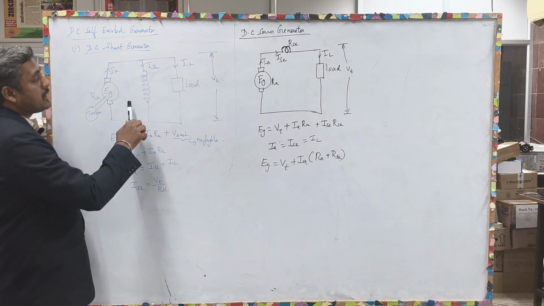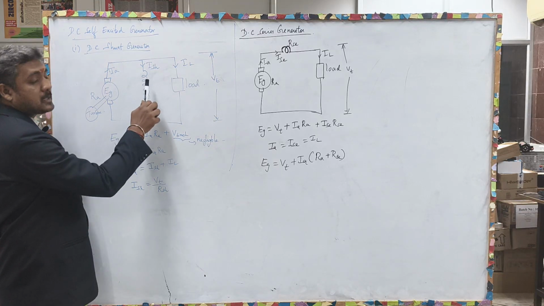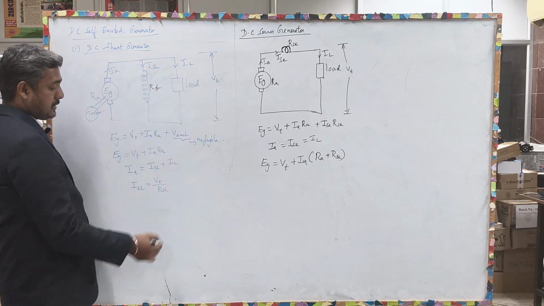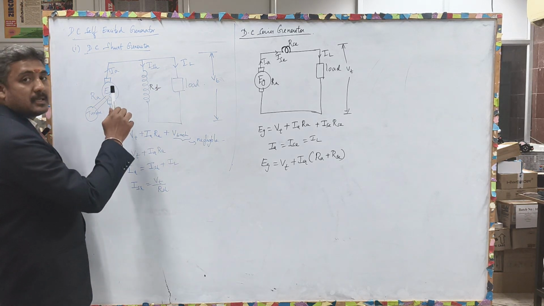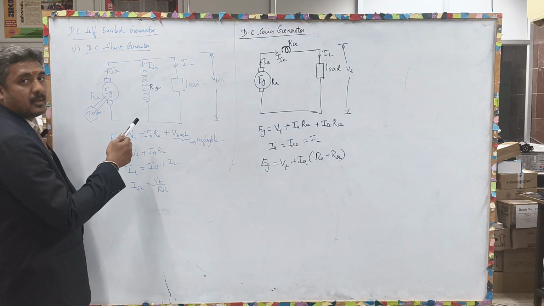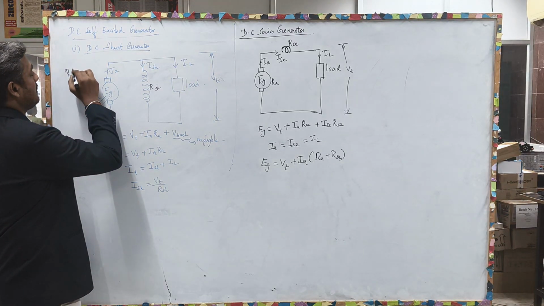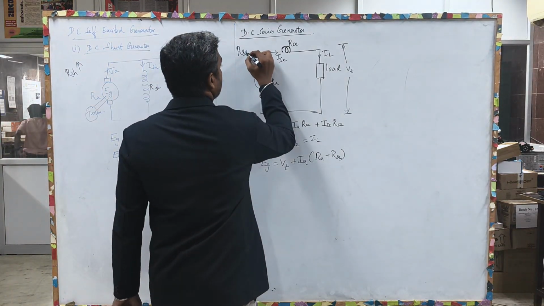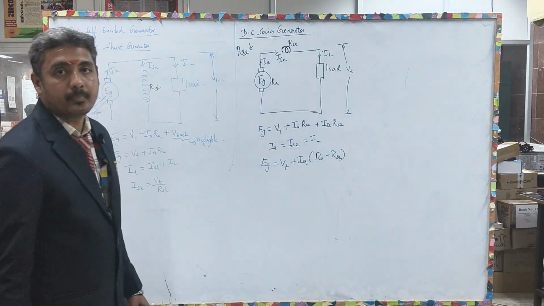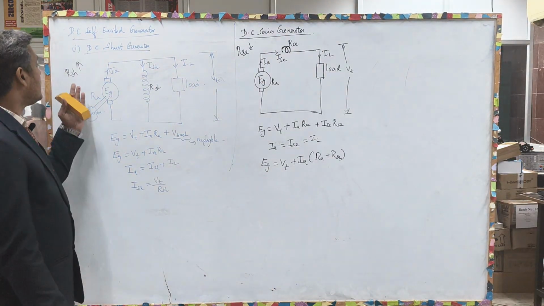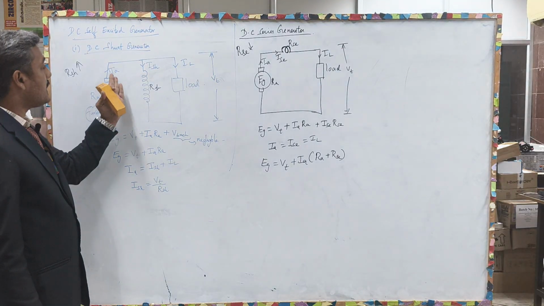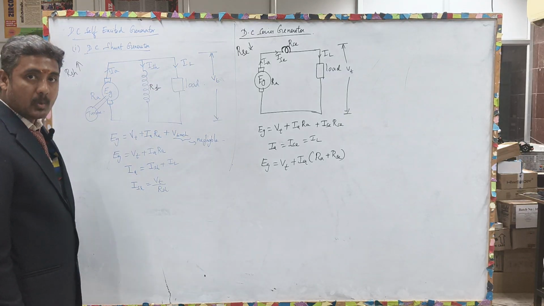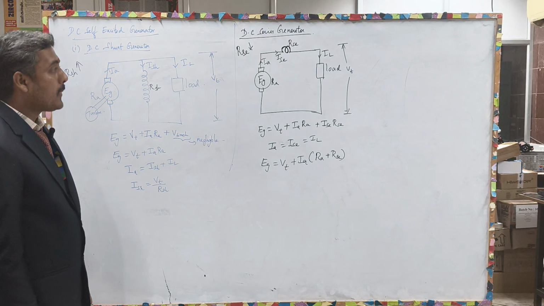Because here you will be having RSH, that is resistance, which is very high. RSH is high here, but here RSE is very low. Okay. If you are going to increase this RSH, then the maximum amount of current will be given to the load, and the load will be satisfied.